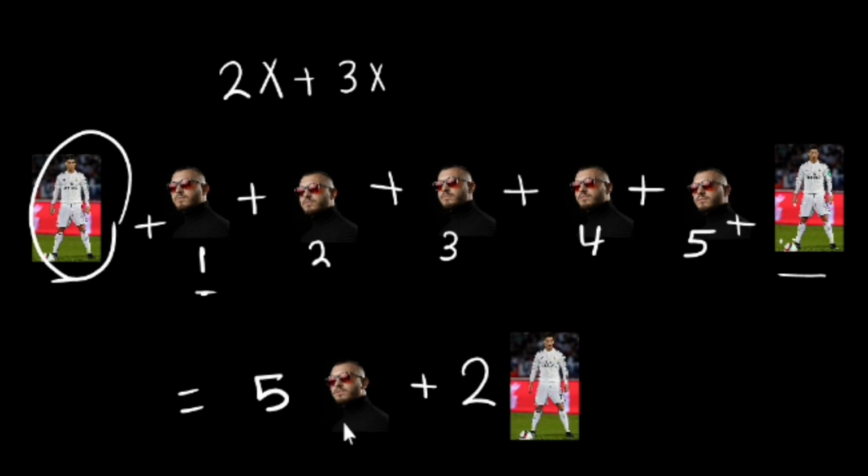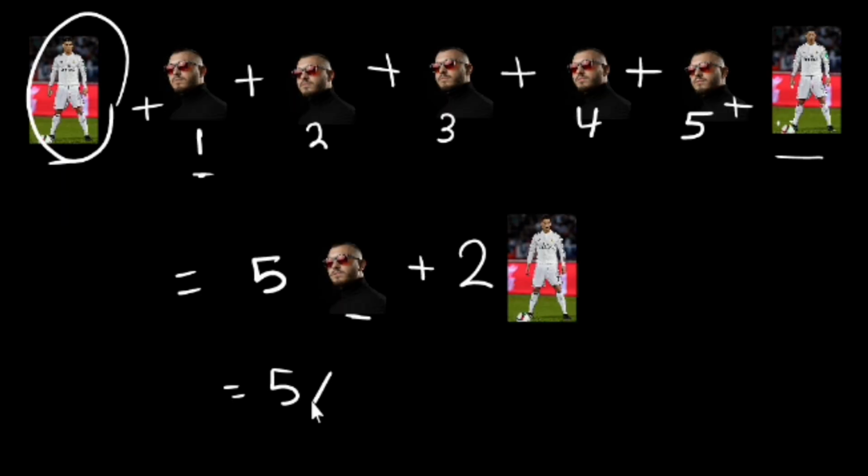And as we said before, Mr. Ahmed represents x, so I will say 5x plus 2 Cristiano Ronaldo, it means 2 of something. So I will name Cristiano as R for Ronaldo. So 5x plus 2r.